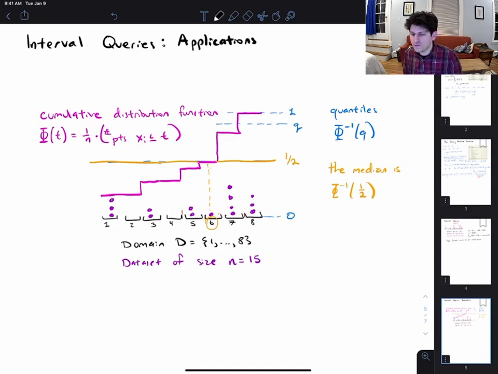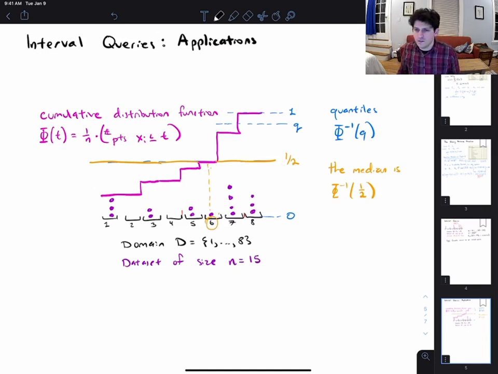This function takes in a number t, and it outputs the fraction of users in the data that have data below t. So for example, phi of 6 would be, what fraction of people in this data set have data at most 6? And the answer to that query is 8/15, so a little bigger than a half.